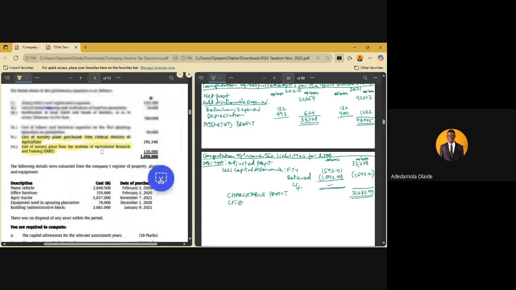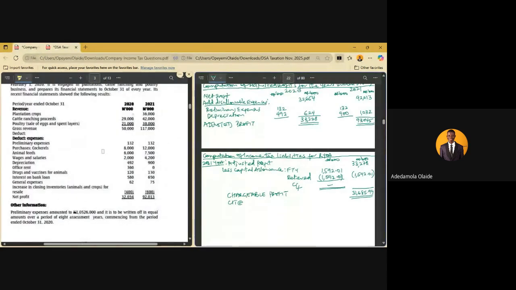31,685.99. So what will be the CIT? We'll go back and check what the turnover is. The gross revenue or turnover in the first year was 50,000.